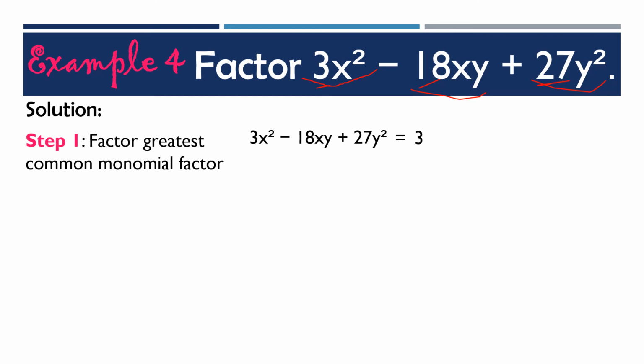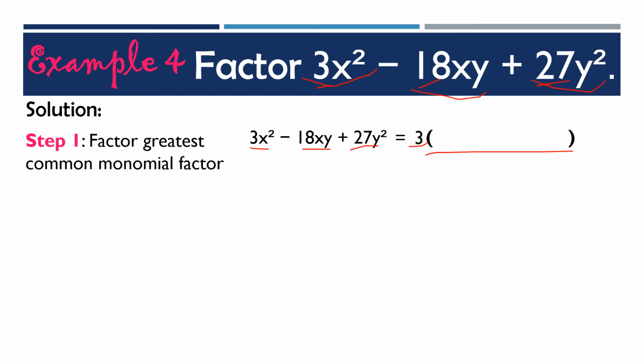It means they can be divided by the number 3. Now, what are the remaining factors? So you divide each term by the GCF to get the other factor.